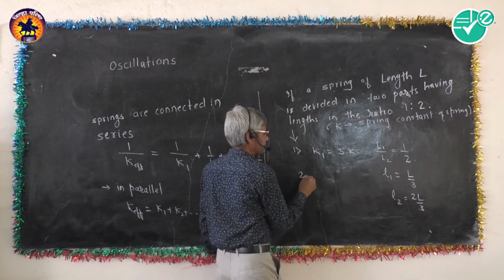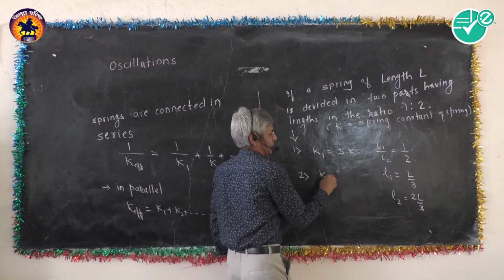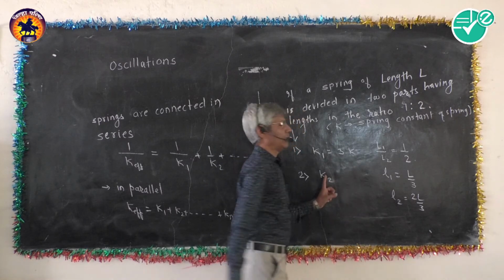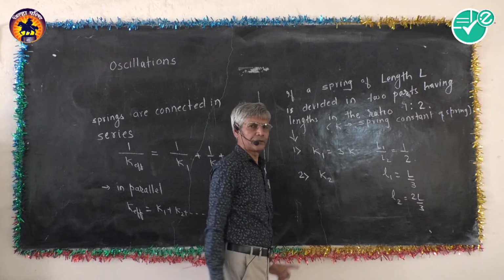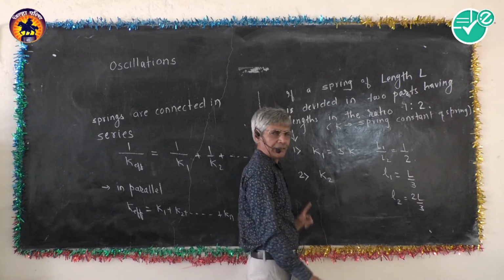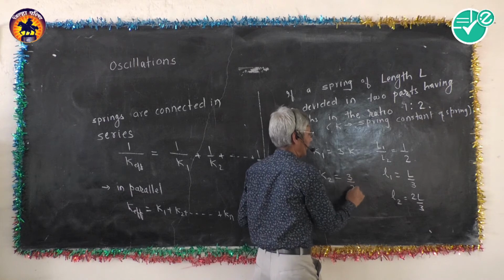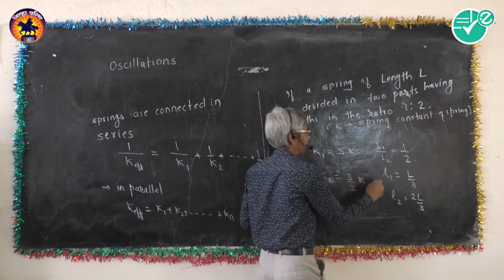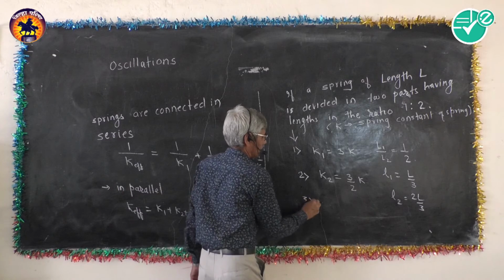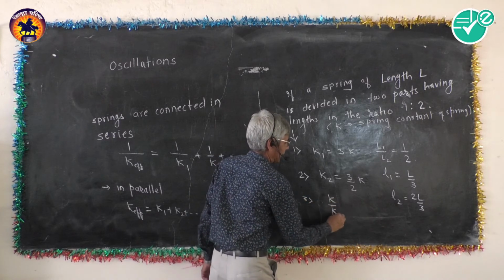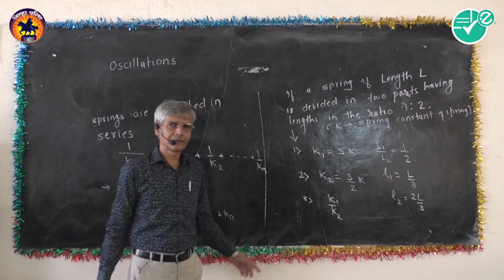The second question can be asked, what is the spring constant of the longer part of the spring? Say it is K2. Then by using this equation, we can have value for the K2 as 3 by 2 times K. Now the third, the ratio K1 by K2 or K2 by K1 can be asked.